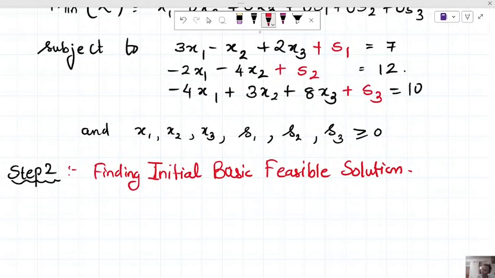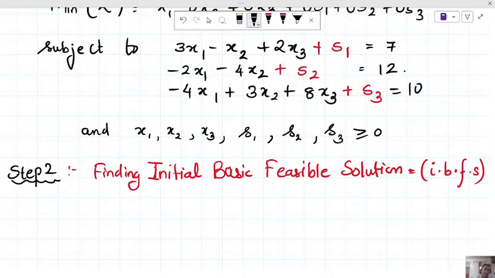If you don't show it exclusively, no harm, but in minimization question it is largely required, and now when we will do advanced method, this step would be required. Initial basic feasible solution, in short, is given the name I.B.F.S.